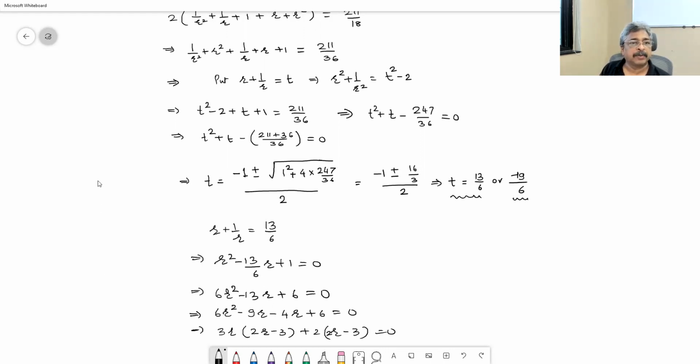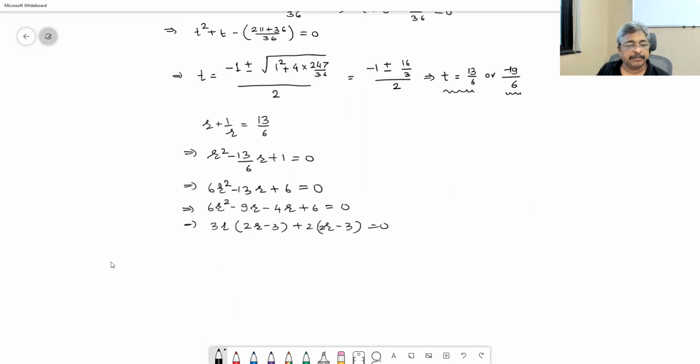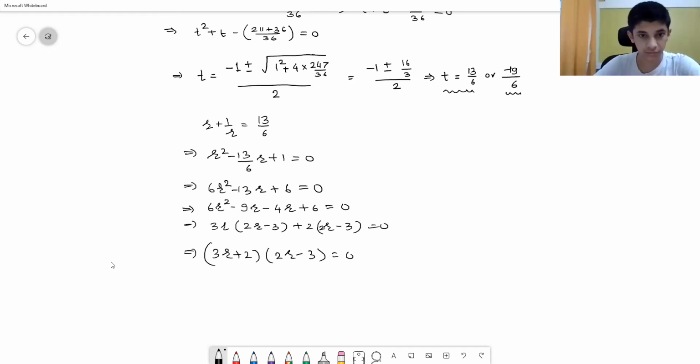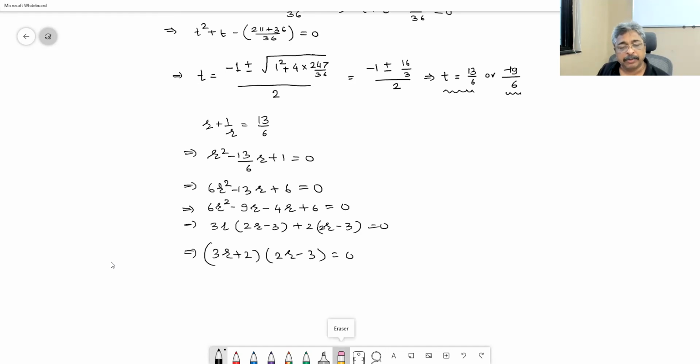Therefore you get 3R minus 2 is equal to 0, or 2R minus 3 is equal to 0. If we want minus 3 there, then the sign should be minus here also.